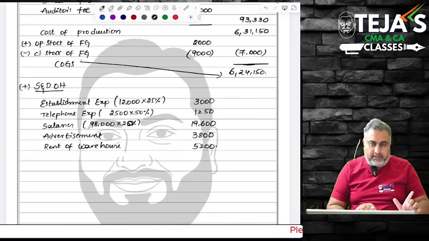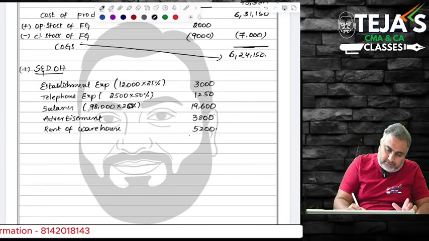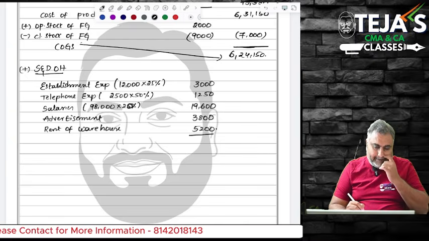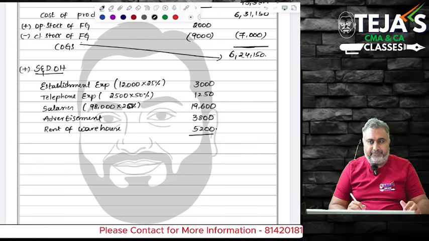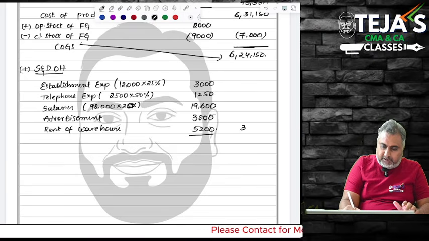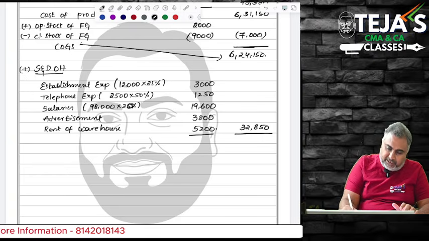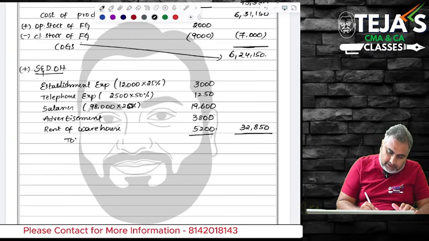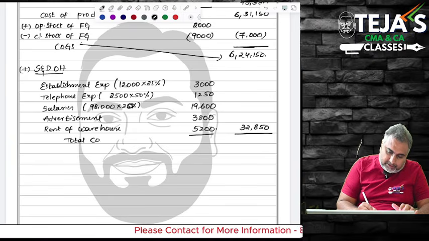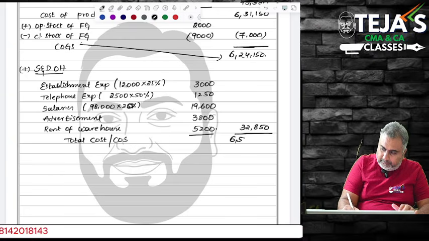Anything else? I think we're done with all the adjustments. Now do the total of that and write it in the outer column: 32,850. Then find out my total cost or cost of sales, 6,50,000.